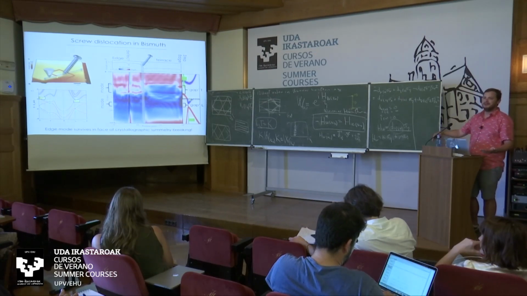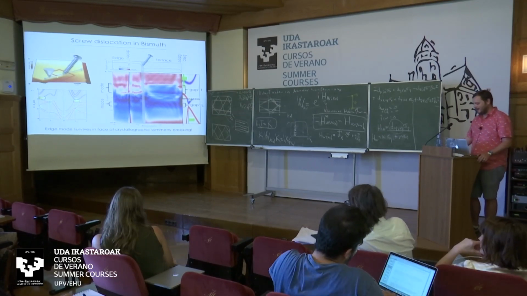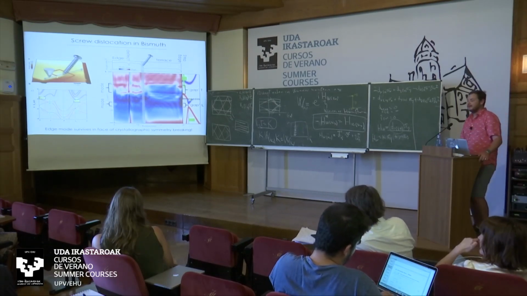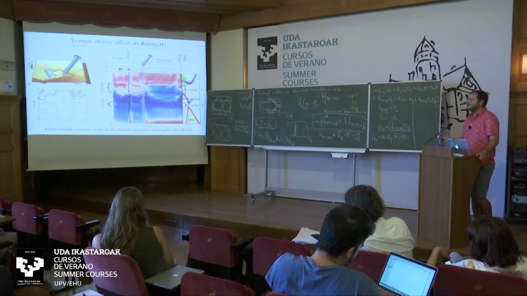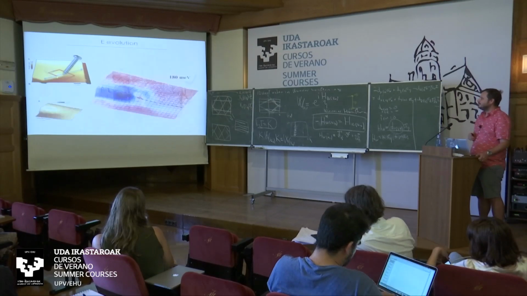Of course, we cannot measure what actually happens on the screw. Unfortunately, I think no one really does. Our ability to probe a screw dislocation is quite limited. But out of all the possibilities, what we find is that this edge mode does plunge into the screw dislocation. It doesn't backscatter from it.